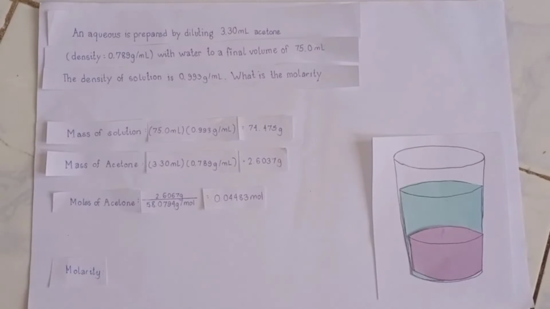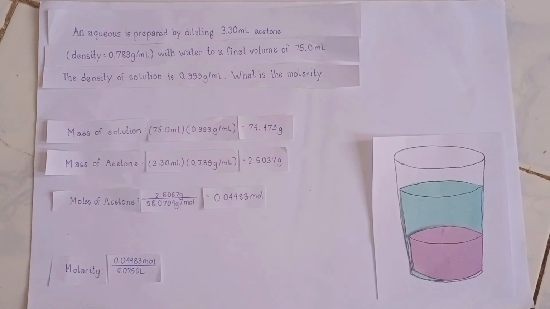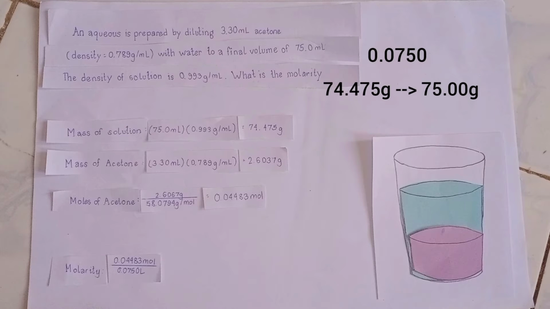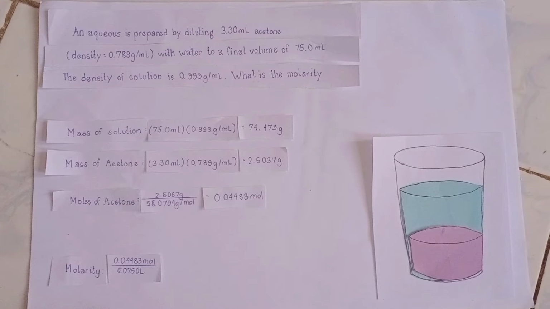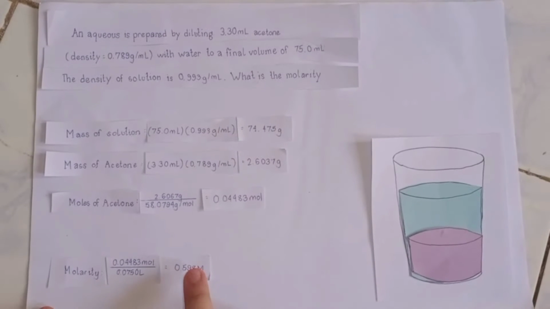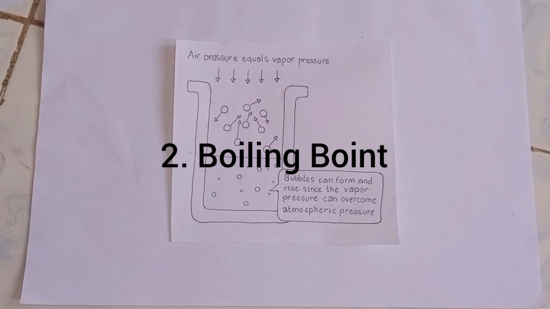So our molarity would be 0.04483 moles divided by 0.0750 liters, which is the total mass of solution rounded to 75 divided by 1000 to get the unit liters. So our final answer would be 0.598 M.